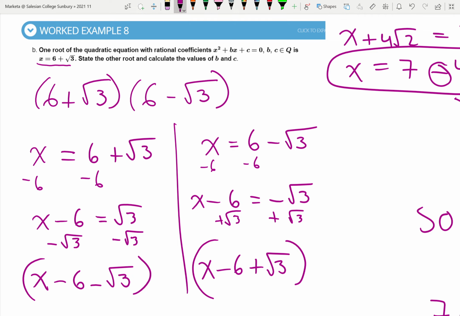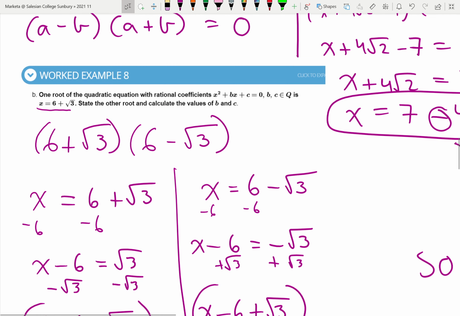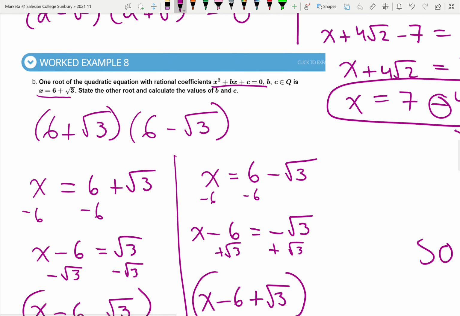So in other words, if I expand these brackets here, if I'm able to note that they are a minus b, a plus b, I'm going to be able to get my equation in this form, and then I'm going to be able to see what b and c are. So state the other root. So our other root was this.